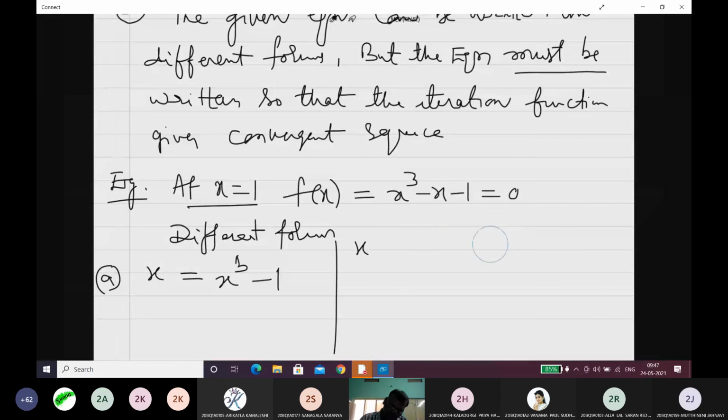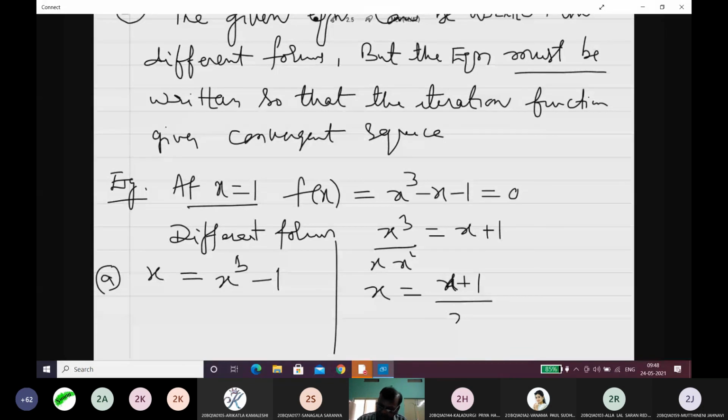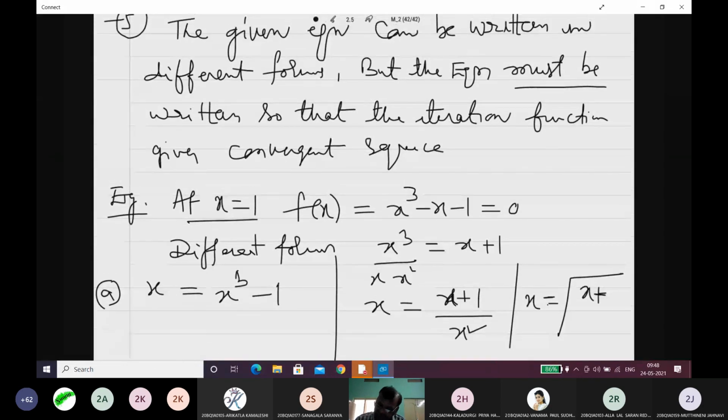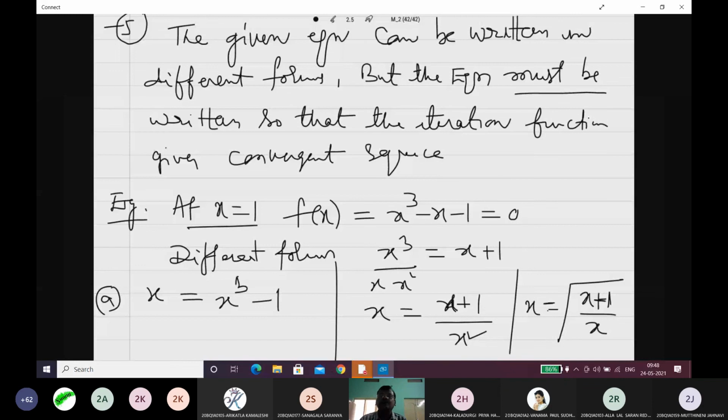And one more form, ఎక్స్ క్యూబ్డ్ ఈజ్ ఈక్వల్ టు ఎక్స్ ప్లస్ వన్, ఎక్స్ ఇంటూ ఎక్స్ స్క్వేర్గా రాసుకుంటే ఎక్స్ ప్లస్ వన్ బై ఎక్స్ స్క్వేర్ ఇది ఒక ఫామ్ అవుతుంది. ఇలా రూట్ ఓవర్ ఎక్స్ ప్లస్ వన్ బై ఎక్స్ కూడా తీసుకోవచ్చు.